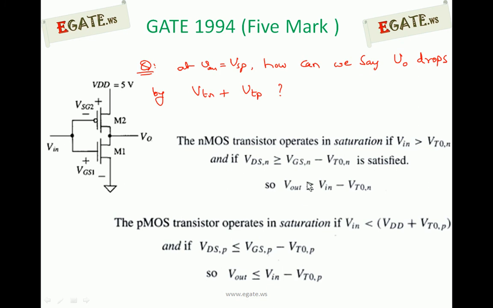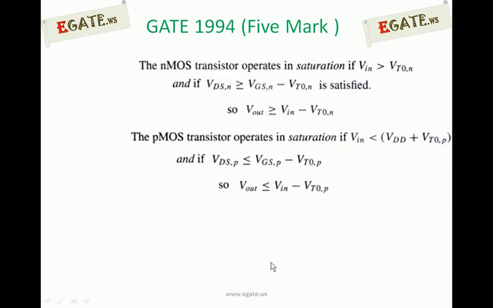If you observe these two things, what can we conclude? At the threshold point, both the transistors are in saturation, and the output voltage can be lower than the input voltage by VTN. Otherwise V output can be greater than V input minus VTP. VTP is a negative value, so minus into minus becomes plus.